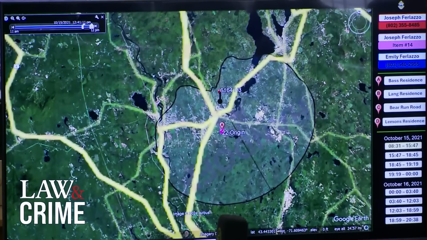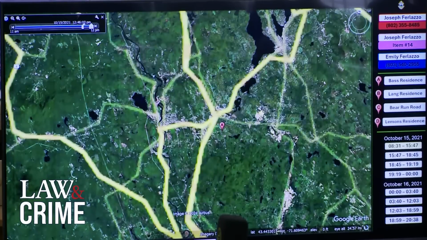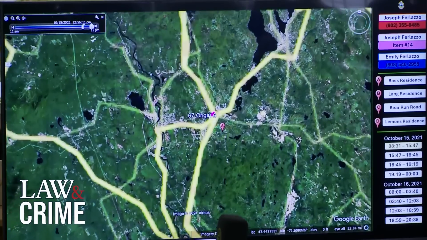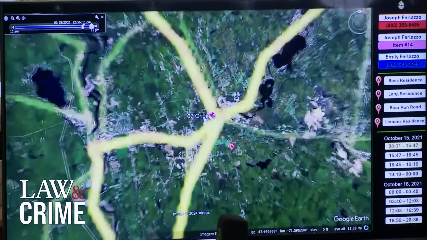As my analysis continued through, I could see that there was a change in cell site locations for Joseph's device. Emily's device stayed in that same area, but we had that trip stop, or that trip end, for Joseph's iPhone.